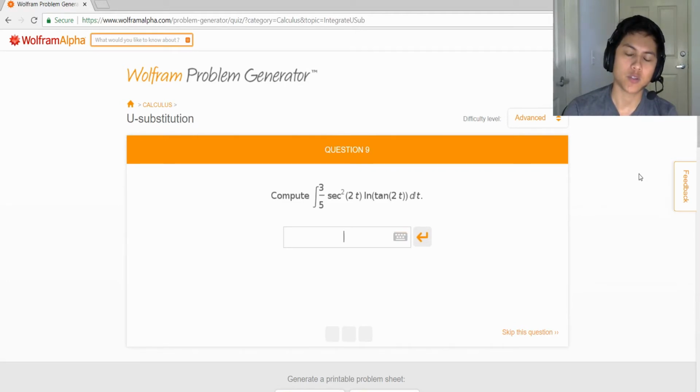Log of tan 2t. What's the derivative of that? Log of tan 2t. That's 1 over tan 2t times the derivative of tan 2t. So that's secant squared 2t. Okay. That was dumb. So I have 3/5 on the outside log tan 2t.